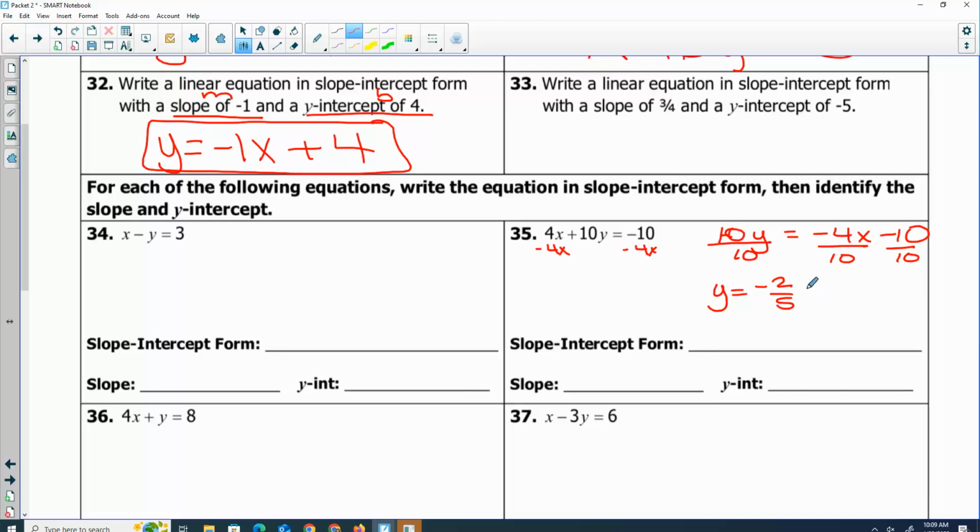So negative 4 over 10 reduces to negative 2/5 x minus 10 over 10 is 1. That's my equation. If it's written that way, what's my slope? What's my y-intercept? Negative 1. Good.